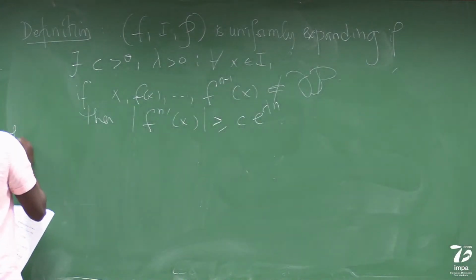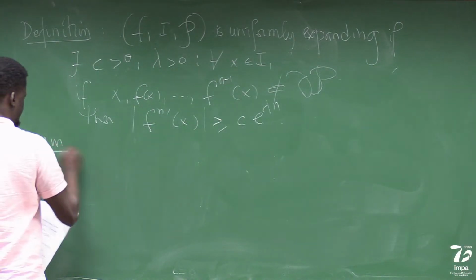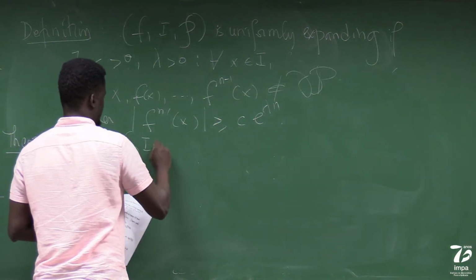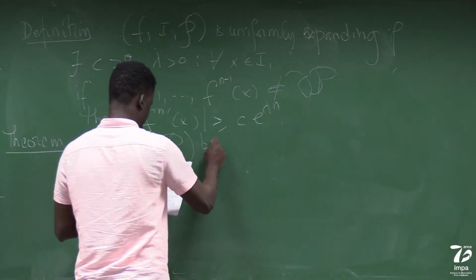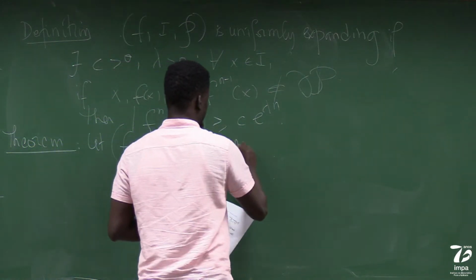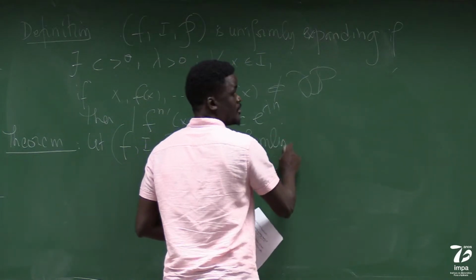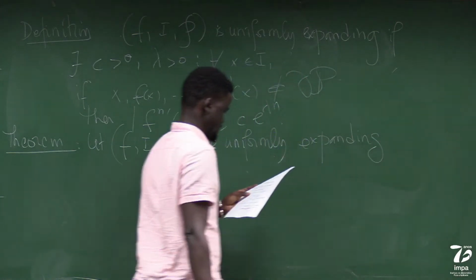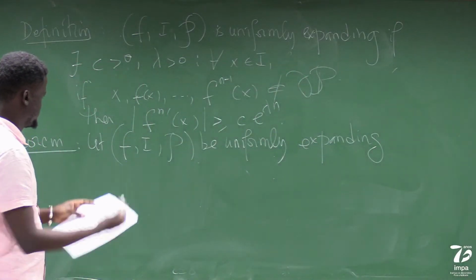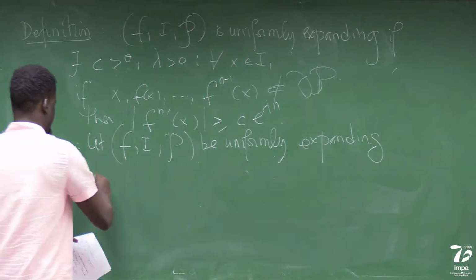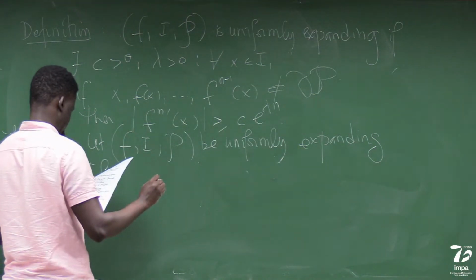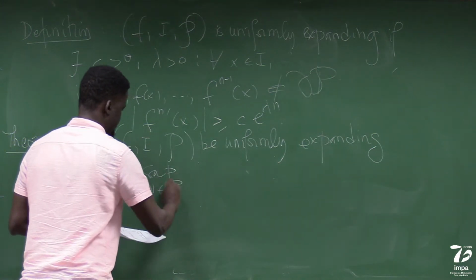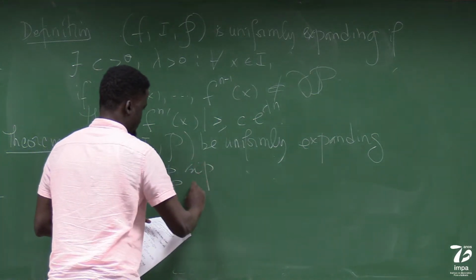So let's write this theorem. Let f be a uniformly expanding full branch map. If the supremum over omega in P, the supremum over x, y in omega, of f double prime x over f prime y squared is finite, then we say that f has bounded distortion.